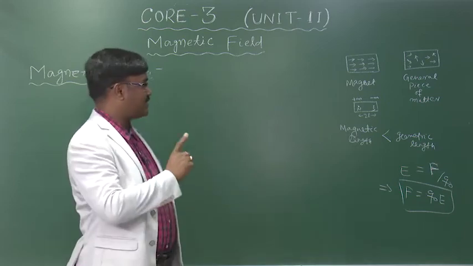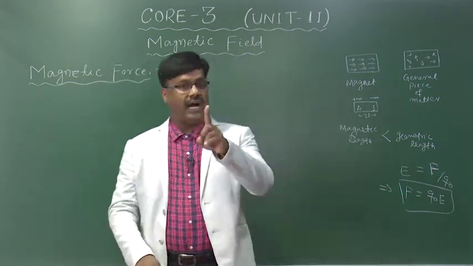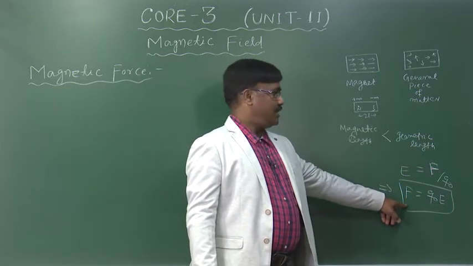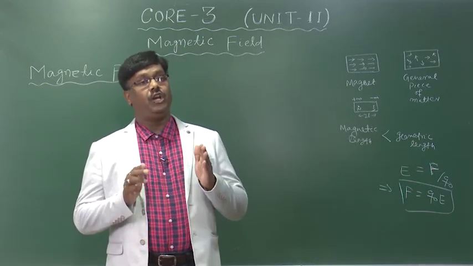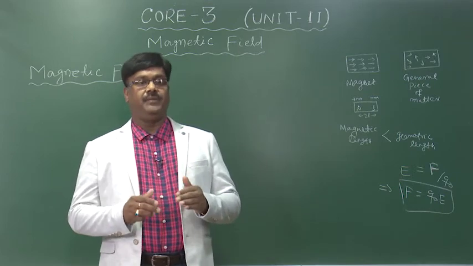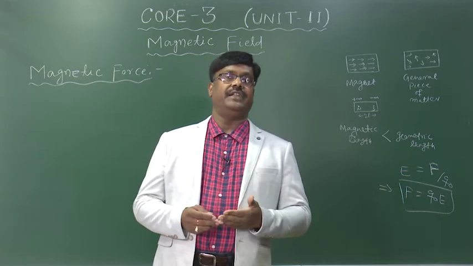So let us start first with magnetic force. As we previously know about the electric force, F equal to Q0 E, then we will come to our Lorentz force, which is the sum of the magnetic force and the electric force acting on a charged particle.